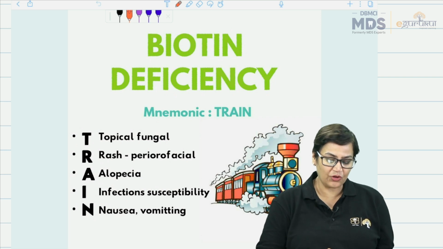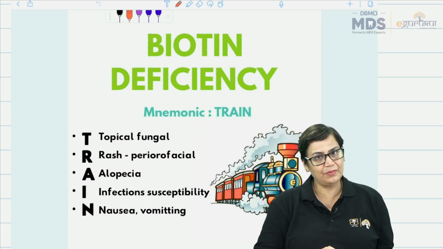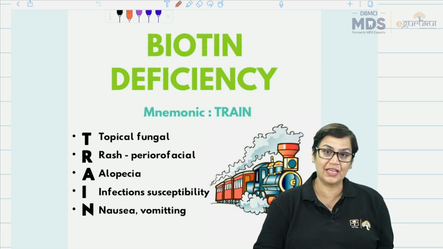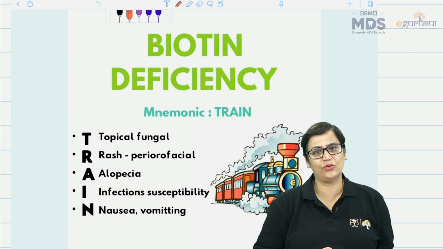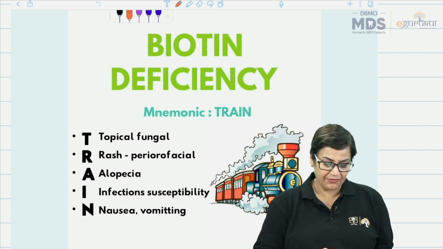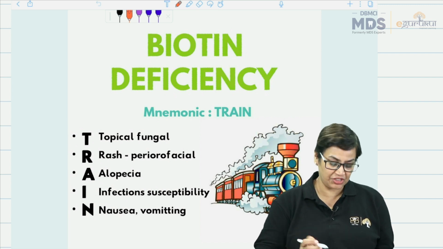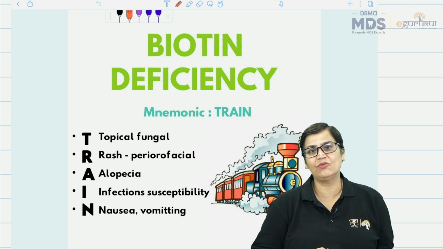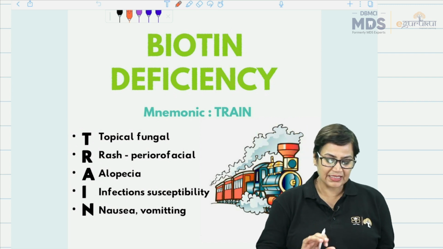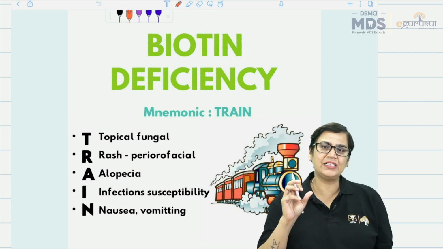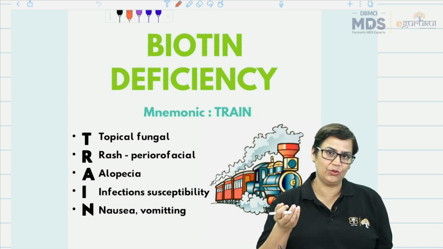T stands for topical fungal infection will be there. R, rash. A, alopecia will be there because B7 is required for the growth of the hair also. Then infectious susceptibility, we will be more susceptible towards infection, and nausea and vomiting will be there. These are the deficiency manifestations of biotin.